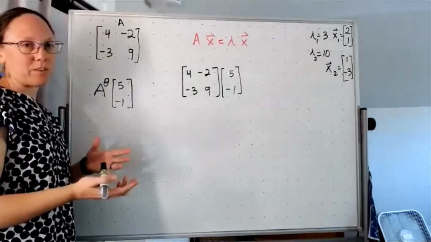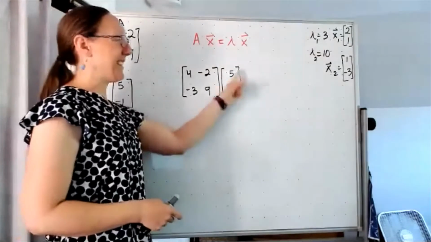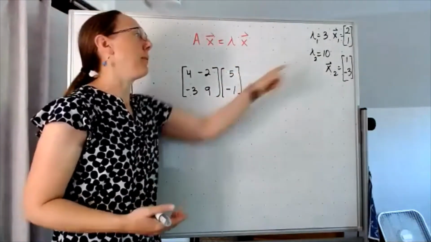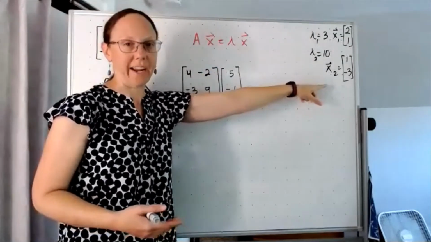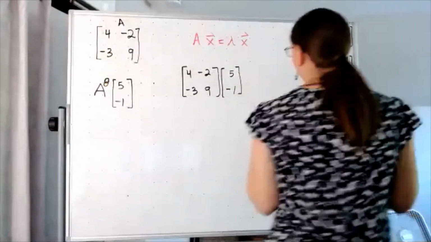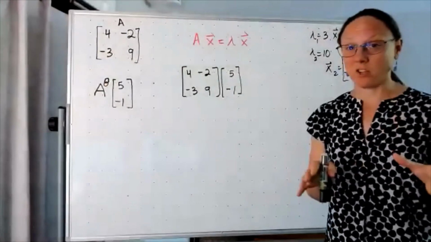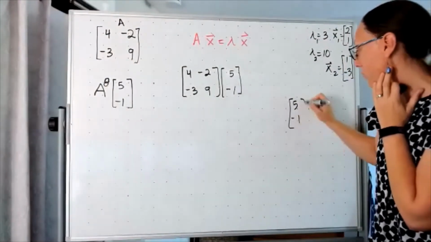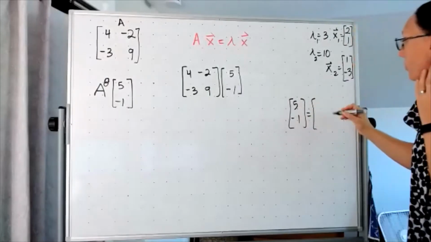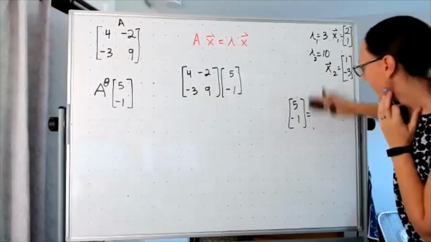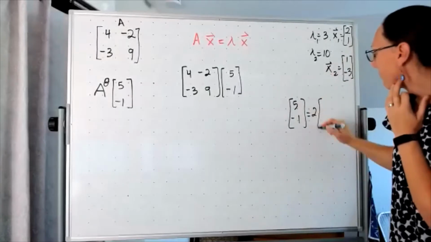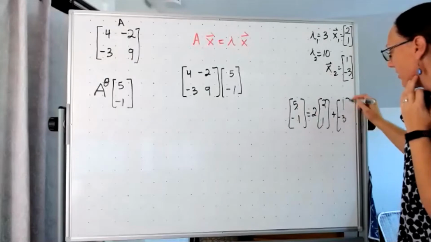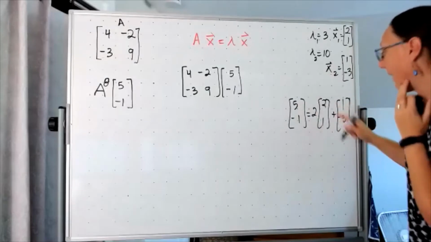So what is happening with the formula is essentially I can take this vector 5, -1 and write it as a combination of these two eigenvectors. I chose this specifically so that I could do math in my head. And I think that vector 5, -1 is equal to 2 times my first vector plus my second vector.